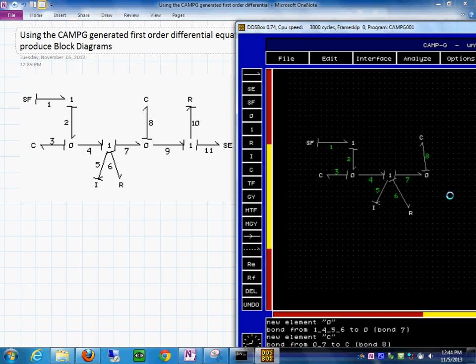Okay, then you have a 1 here, and then you click over here, so that's number 9, and then there is an element up here which would be number 10, and then of course we have the source of effort, which would be number 11.